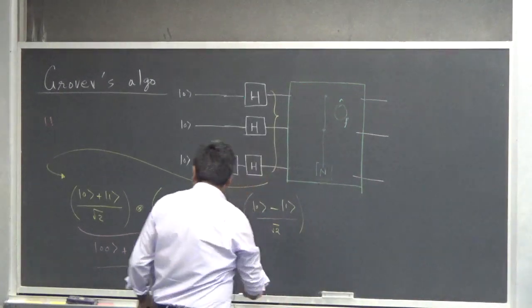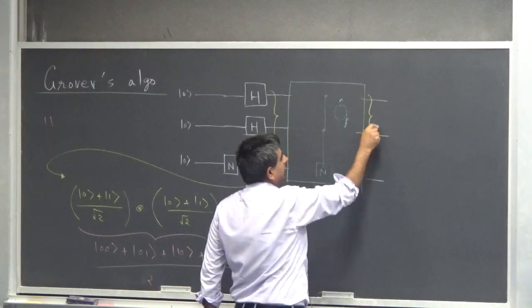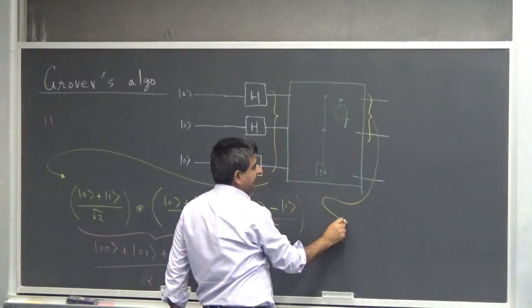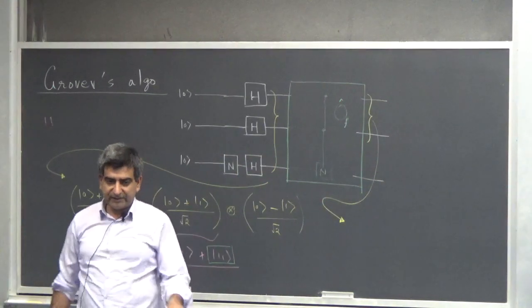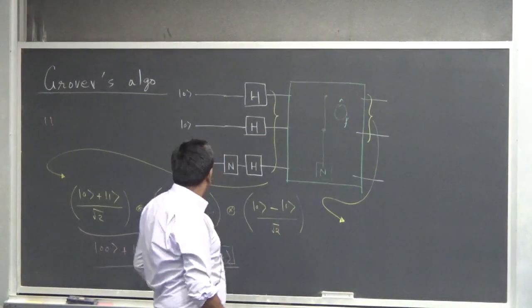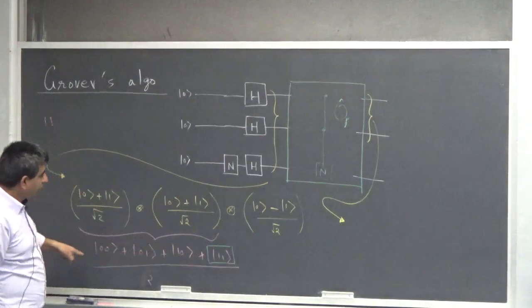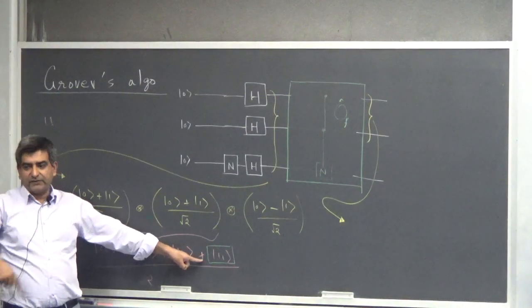If we focus our attention onto just this subspace and forget about the ancillary qubit, because everything is separable, we learned from our previous lecture that out of these 4 component states, the phase of this state is inverted.